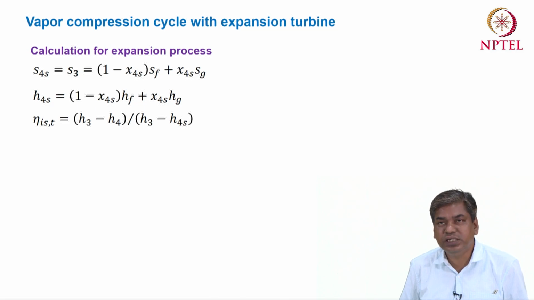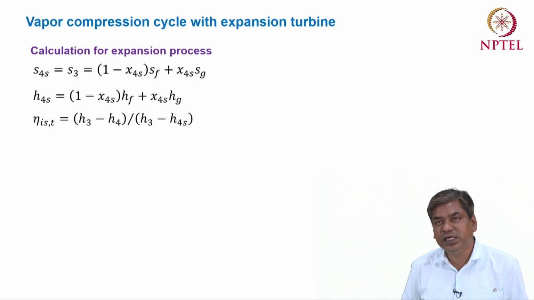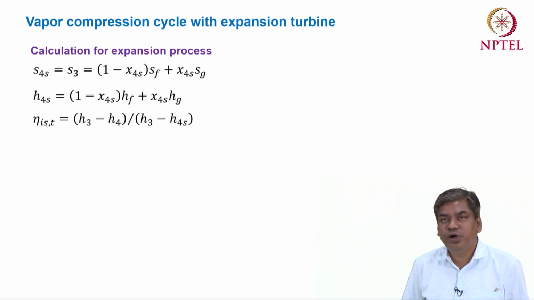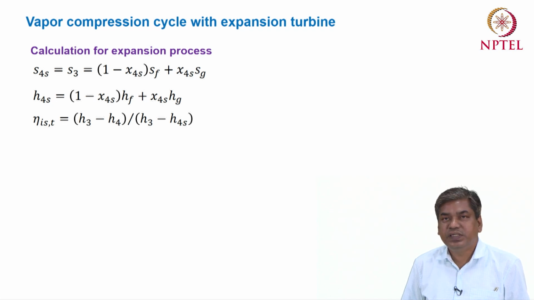Point 1 is the saturated vapor and point 3 is the saturated liquid. The process 1 to 2 is the same as what we discussed for the basic cycle. So the calculation procedure to calculate the enthalpies or entropy at point 1, point 2 and point 3 is the same as the basic vapor compression cycle.